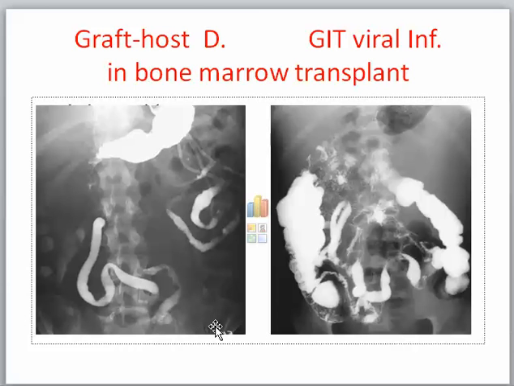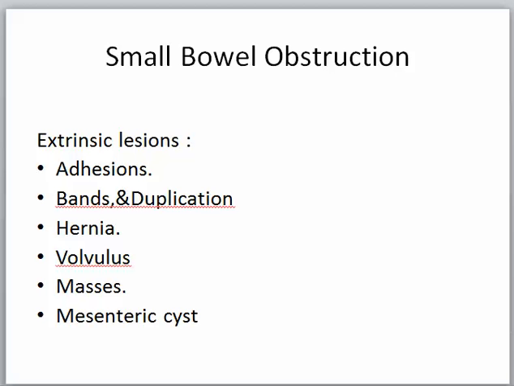So, post-transplant, post-viral infection, and in Crohn's disease, we have this appearance. You can get generalized narrowing of the small intestinal loops.